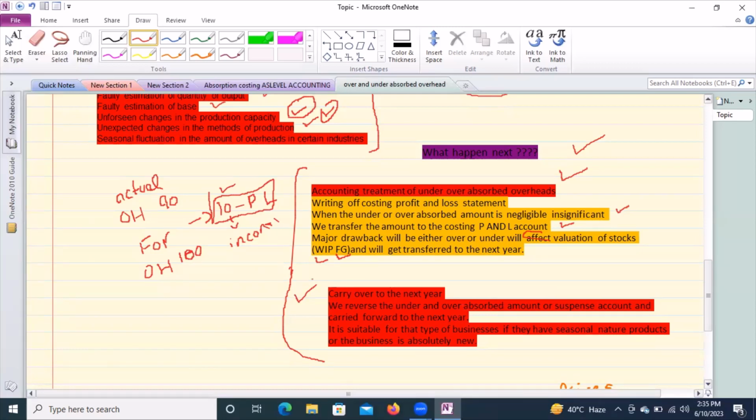Only in these two conditions, or maybe other conditions which I didn't mention here, we reverse the under and over absorbed amount, or make a suspense account for it, and carry this amount forward to the next year. So this is what happens.